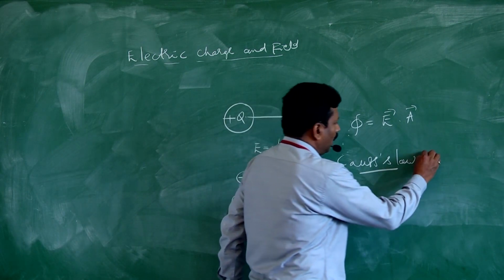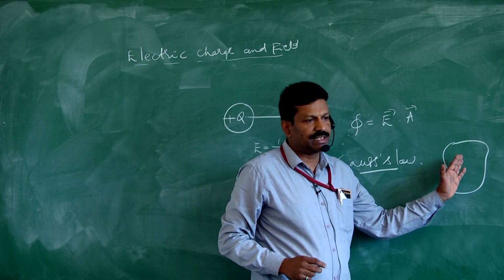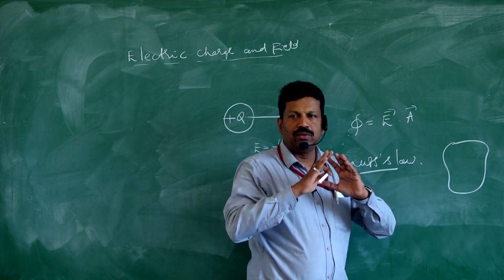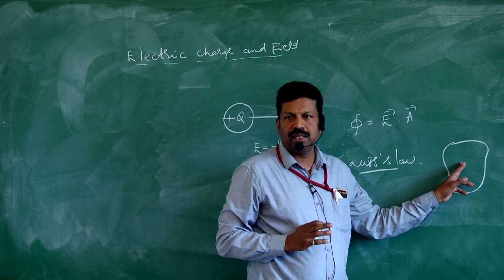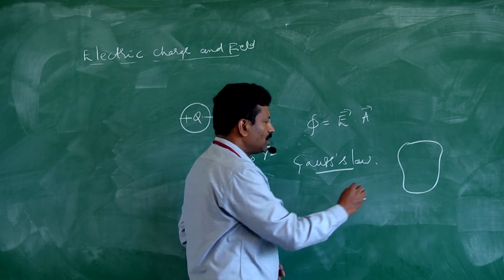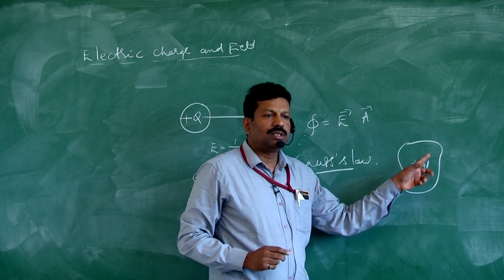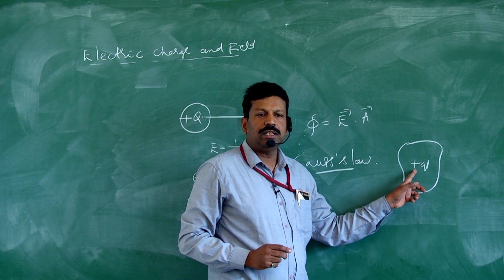Suppose I have the area, ಈ ಥರ area ಇದೆ ಅಂದ್ಕೊಳ್ಳಿ, and this surface is called Gaussian surface. Okay, ಯಾವುದೇ ಒಂದು ಸರ್ಫೇಸು ಚಾರ್ಜ್ ಎನ್ಕ್ಲೋಸ್ ಆಗಿದ್ರೆ ಅದನ್ನ ಗಾಸಿಯನ್ ಸರ್ಫೇಸ್ ಅಂತ ಕರಿತೀವಿ. ಈ ಗಾಸಿಯನ್ ಸರ್ಫೇಸ್ ಒಳಗಡೆ ಸಪೋಸ್ there is a plus q ಅಂತ ಇಟ್ಕೊಳ್ಳಿ, ಚಾರ್ಜ್ is plus q. ಗಾಸಿಯನ್ ಸರ್ಫೇಸ್ ಒಳಗಡೆ ಚಾರ್ಜ್ ಎಷ್ಟಿದೆ, plus q.